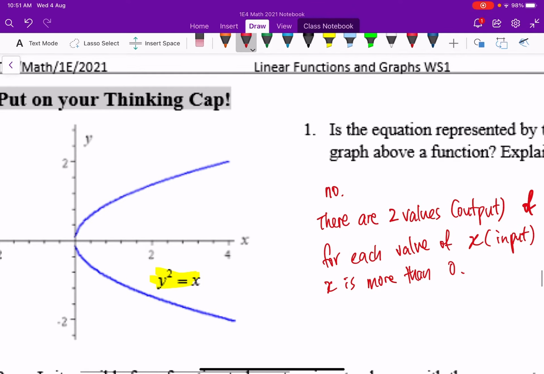When I look at the graph, if I take the value 2, my x value, when I go across, I draw a line, I can actually cut 2 points.